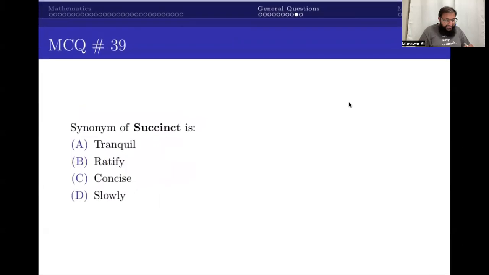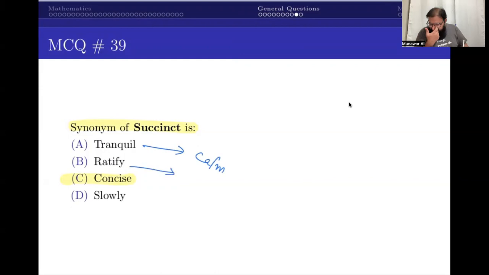So MCQ number 39 is the synonym of succinct. Succinct means brief, short. So we have to find the word with a similar meaning, which is going to be concise, option C. Because the first option is tranquil, which means pacify or calm.